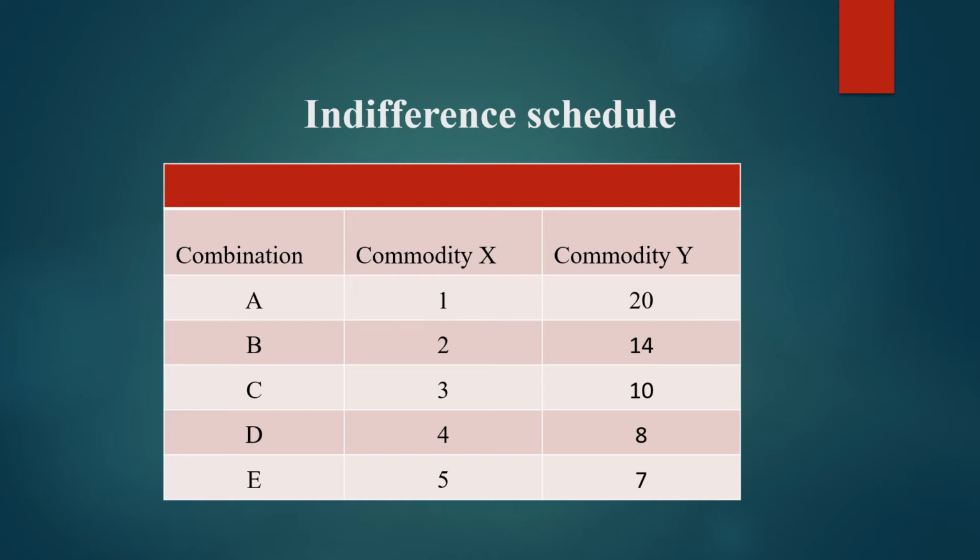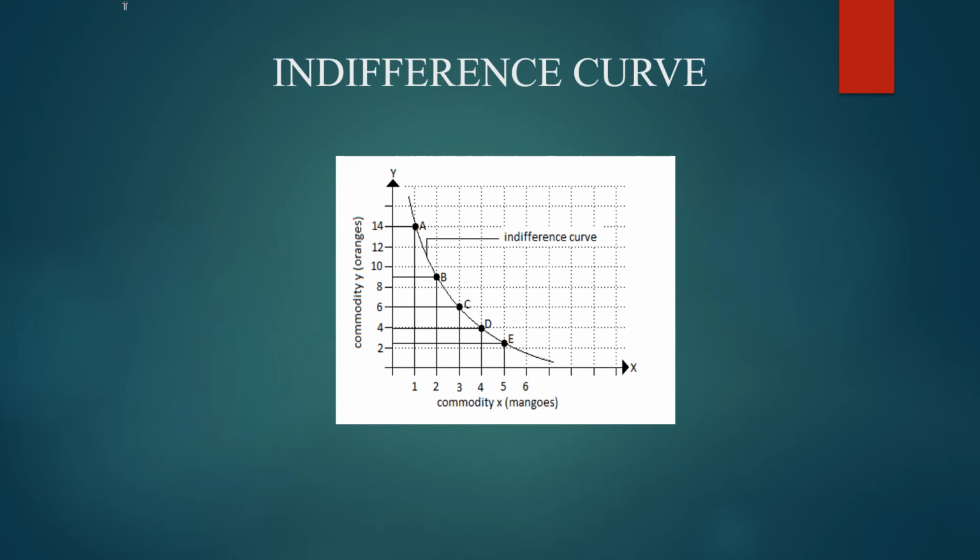Like that, the marginal utility is diminishing. And then this is the indifference curve. By joining all the combinations, you will get the indifference curve. So the indifference curve is the locus of all combinations of two commodities which will give the same level of satisfaction. You see, the points A, B, C, D and E all will give the same level of satisfaction to the consumer.